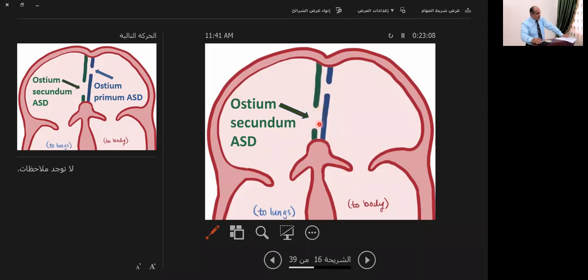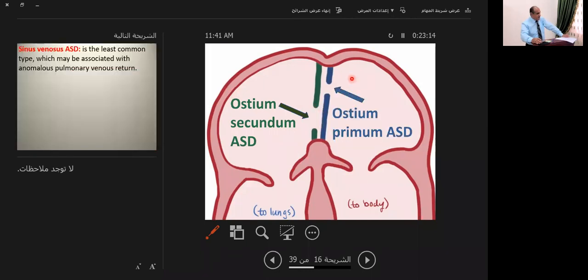In ostium primum the hole is near the endocardial cushion, and it may be part of the endocardial cushion defect, because in endocardial cushion defect the whole septum is open and missing. Okay? So ostium primum is usually a part of the endocardial cushion defect, and the most common is ostium secundum.